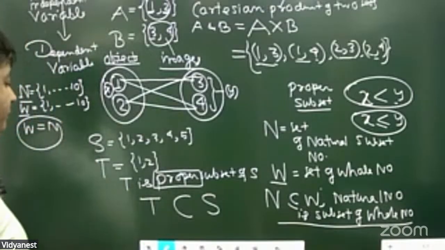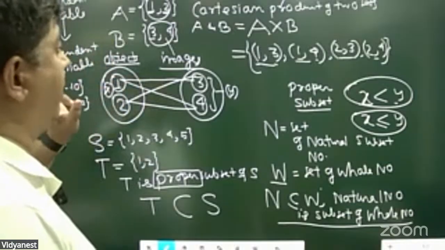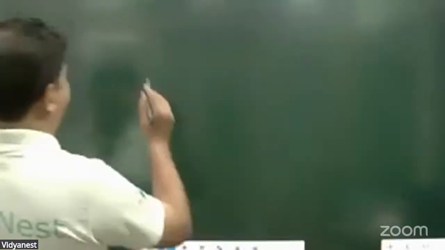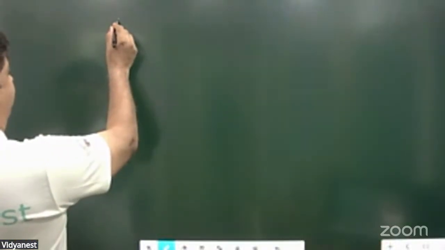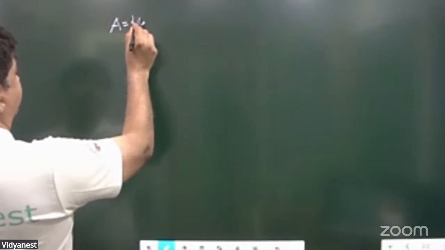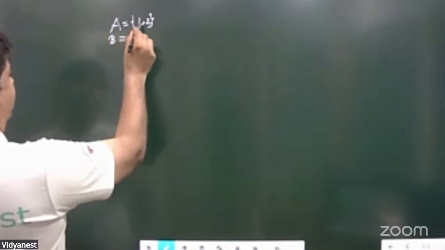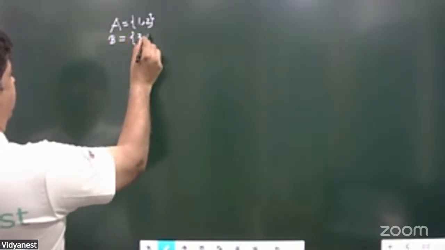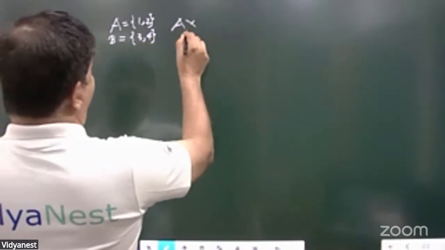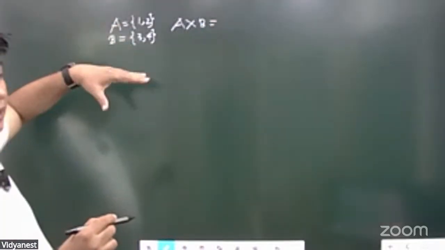So we will now define relation. A few minutes back we took this example which contains two sets. One has two elements 1 and 2, another has 3 and 4. So what is their Cartesian product? From A to B the mapping is being done.